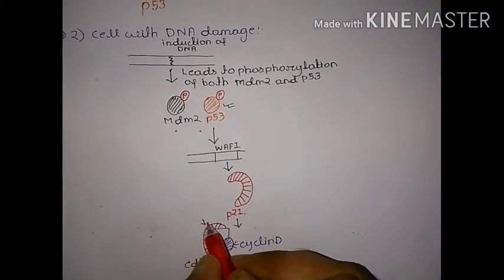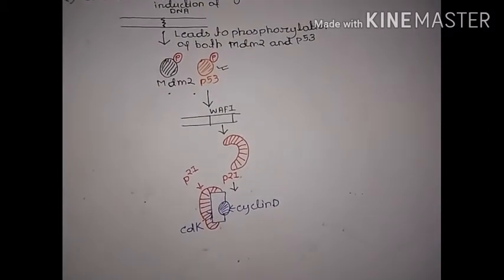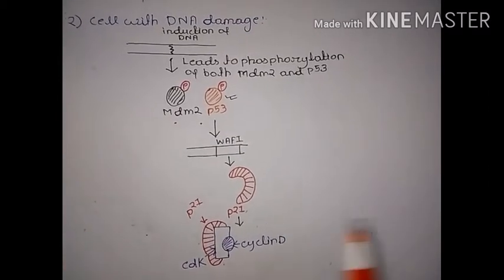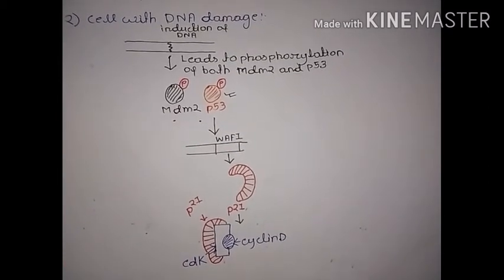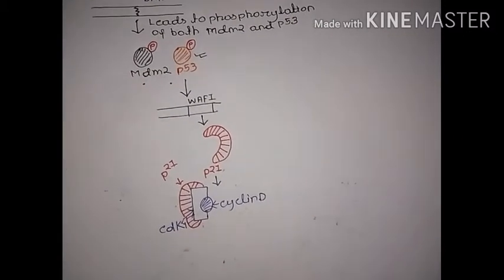So this is p21. Now p21 binds with that complex and inhibits the Cyclin D and CDK4 complex. So what is the role of the Cyclin D CDK complex?